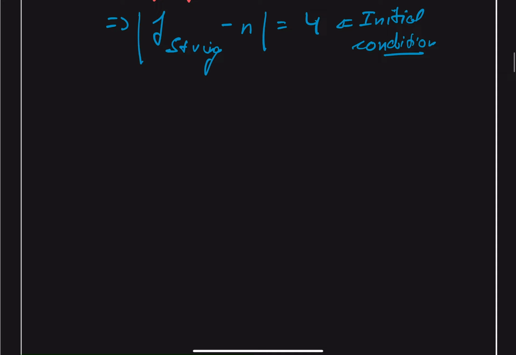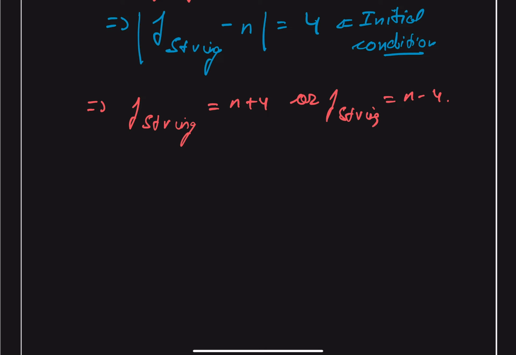So this can be written as that F string can be either equal to n plus 4, or F string can be equal to n minus 4. And we already know the value of F string is 340.